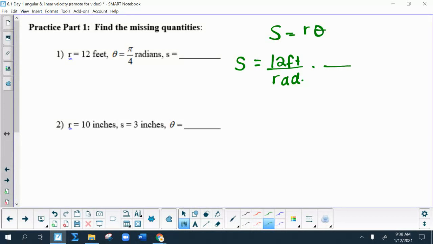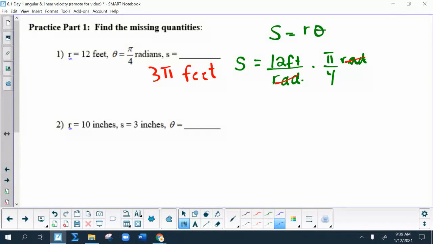It'll make it easier to understand what's happening in the long run. Pi over 4 is the measure of the angle. So pi over 4 radians times 12 feet per radian. Those radians cancel, and you are left with 3 pi feet as the arc length, or the distance.